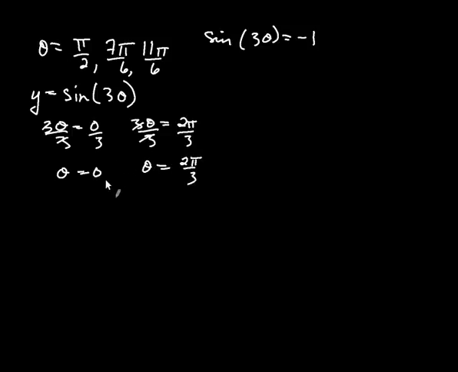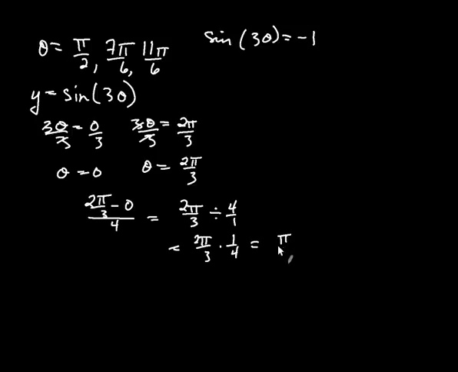Now we then take the right end point of the interval, which is 2 pi over 3, and then subtract the left end point, which is 0, and then divide by 4. Now that's, of course, the same thing as taking 2 pi over 3, and dividing by 4, which is 4 over 1, which of course is taking 2 pi over 3 and multiplying by 1 over 4, and that leaves us with, well, the 2's cancel across, and that leaves us with pi over 6.